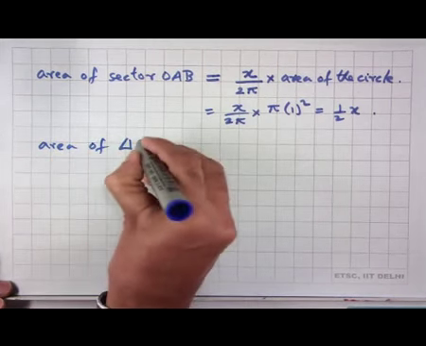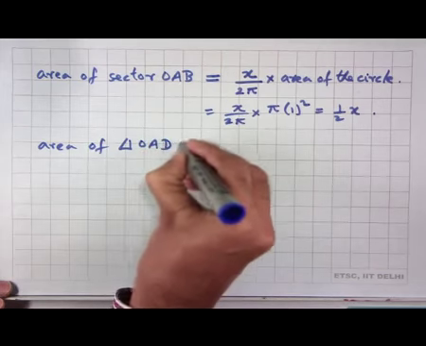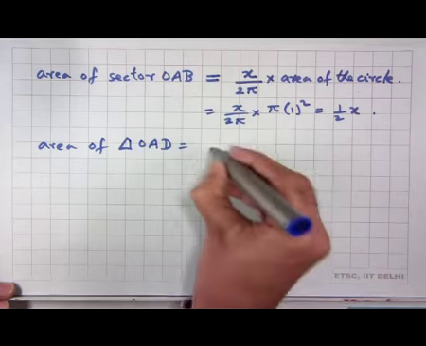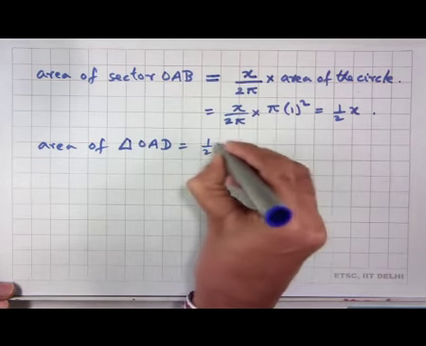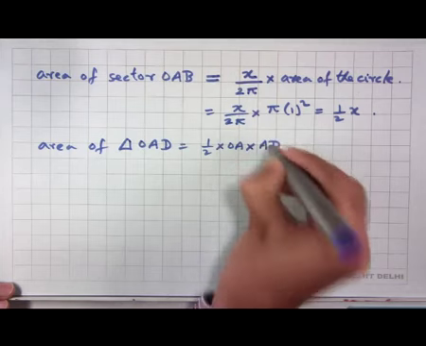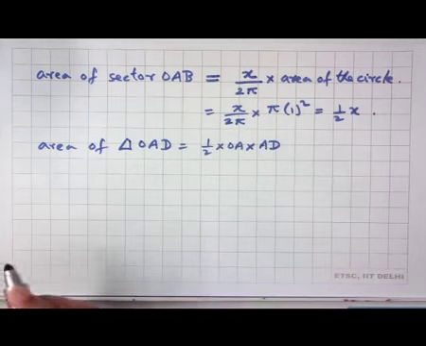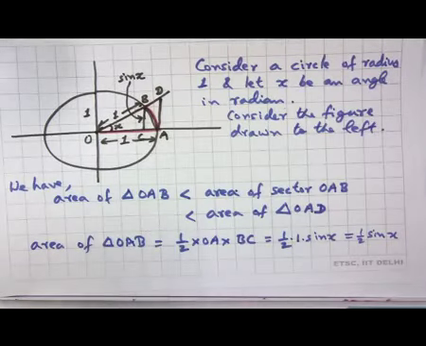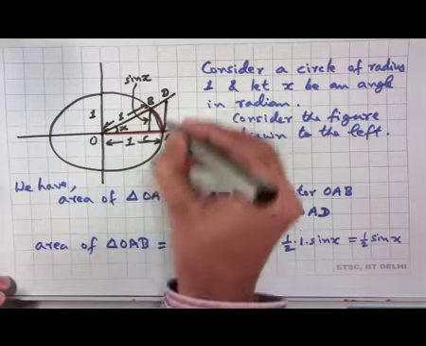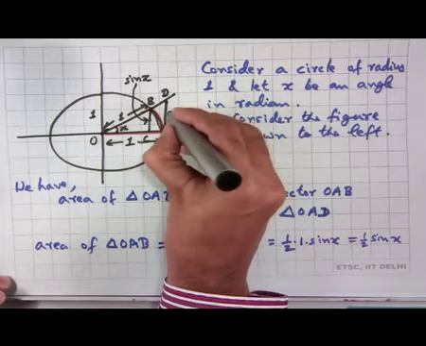We also need the area of triangle OAD. So, this is again a right angle triangle, and the area is half times OA times AD. Let me show the picture again. So, for the triangle OAD, the area is half times OA times AD. What is the length of AD?